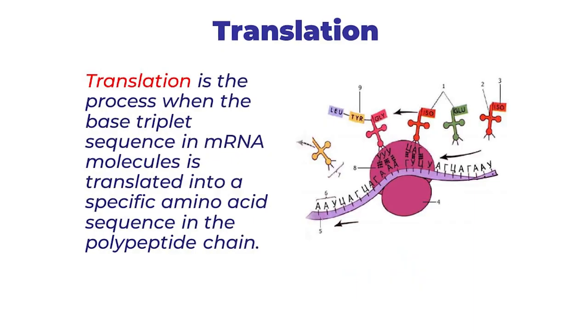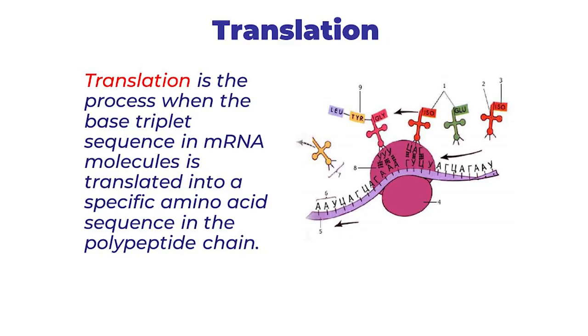Translation is the process when the base triplet sequence in mRNA molecules is translated into a specific amino acid sequence in the polypeptide chain. This process occurs on the ribosome or polysomes. Each ribosome consists of a big and a small subunit. mRNA connects with the small subunit of the ribosome until its first codon, a triplet, turns to the big subunit.